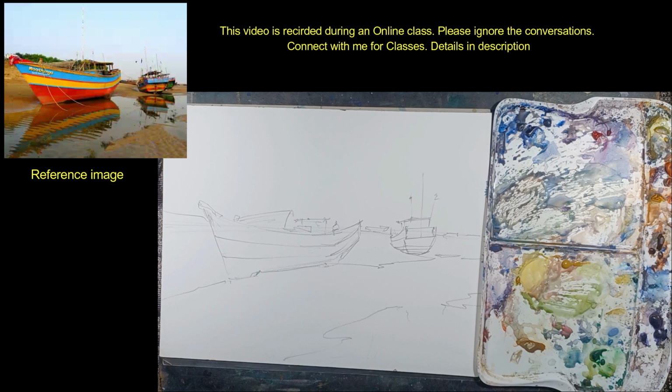Like primarily, what colors do you see? Sir, I see yellow ochre and blue. I also see red, so basically the primary colors, and a little bit of green.